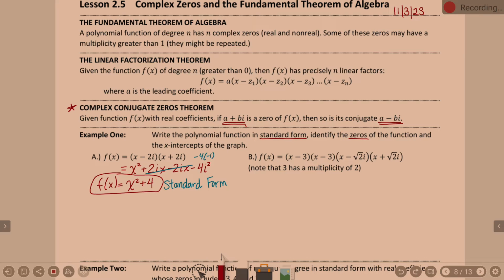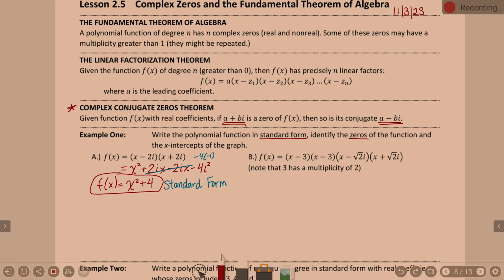Would it be plus 2, minus 2? Not exactly. It'll be the square root of... yeah, because it's a negative on the square root, right?